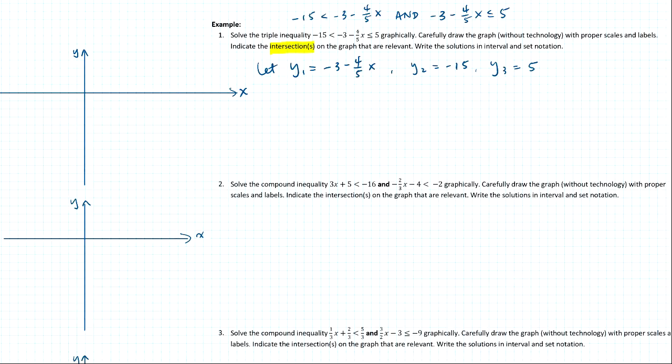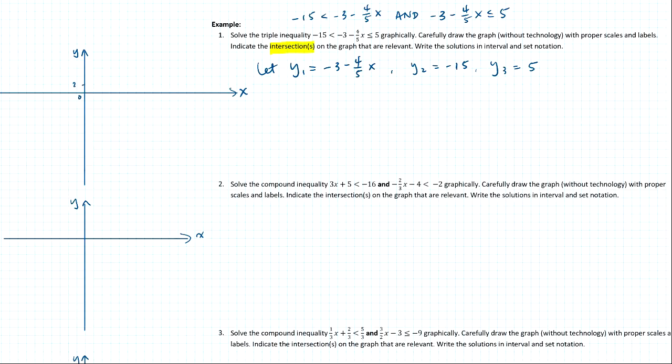And with this scale of y values, I know I need to go all the way down to negative 15 and all the way up to 5. These numbers all need to fit on my y-axis. So because of that, I'm going to look at the scale with my limited space. I decide to probably go up by 2 every time I go up each tick mark.